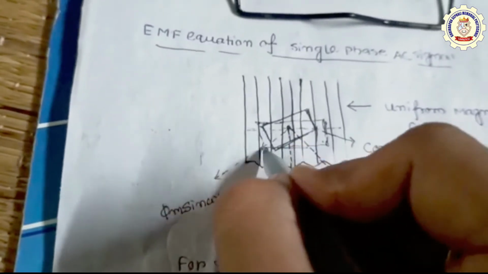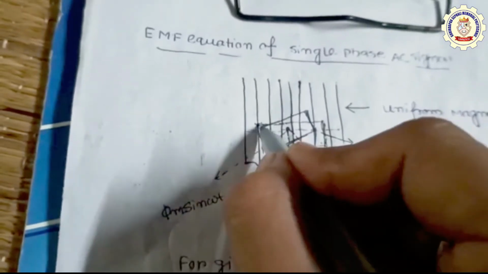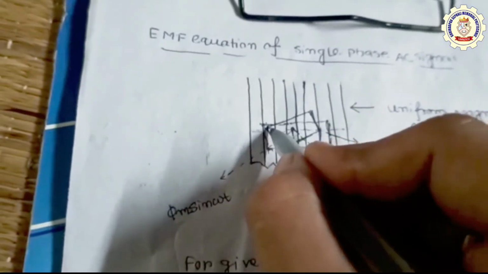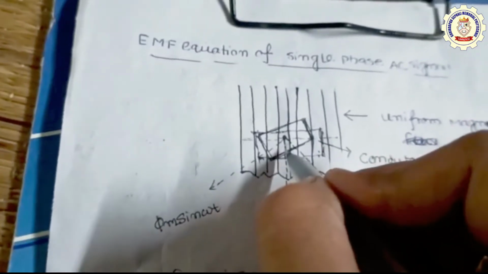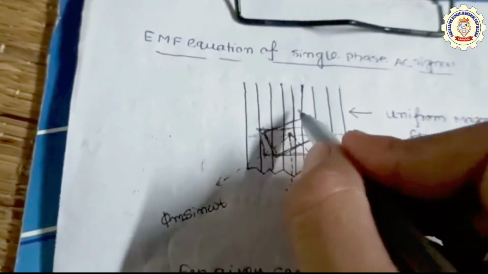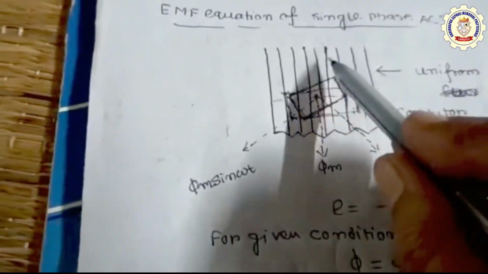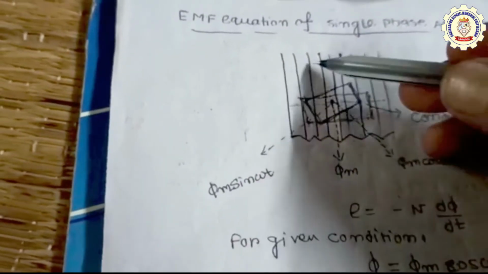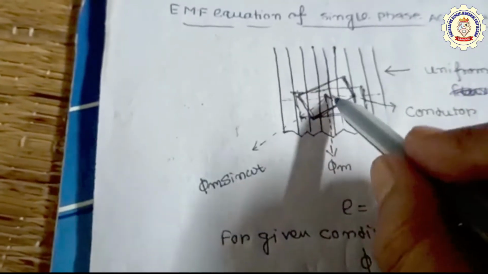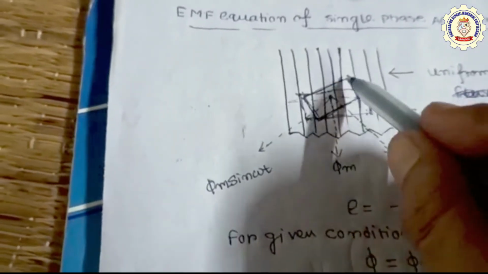So I am telling you that the conductor tends to move. So we have a uniform magnetic field represented by this line, and we place a conductor that is already moving.